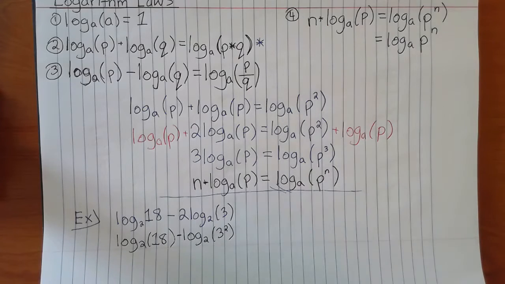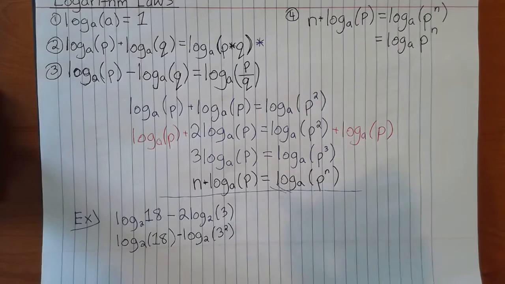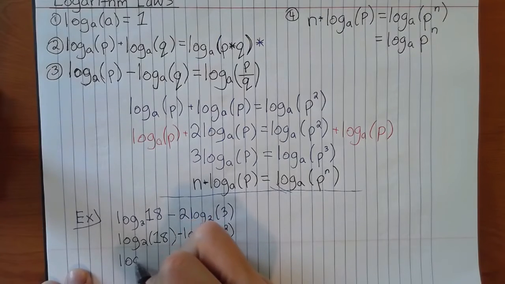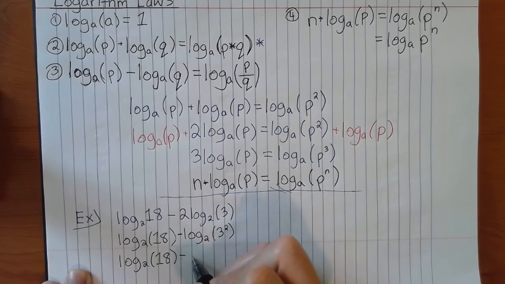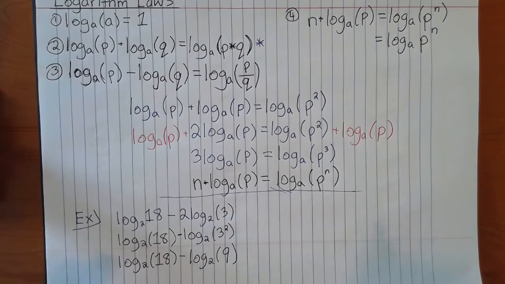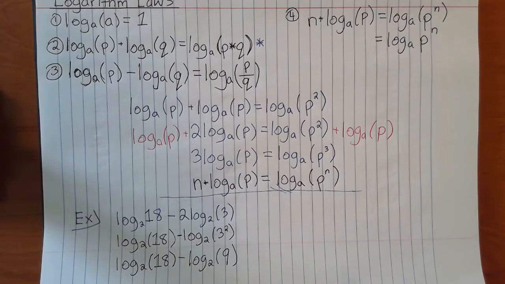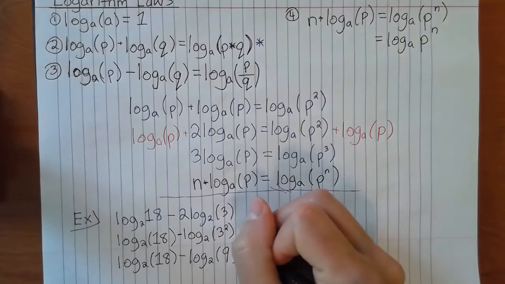So now that we've done that, we can make the 3 squared into a 9, leaving the first one the same, like so. And from there, we have just subtracting two logarithms that are both a base 2. So now if we have an 18 and a 9 and we're subtracting, well, when you subtract logarithms of the same base, you divide the inputs, 18 divided by 9.